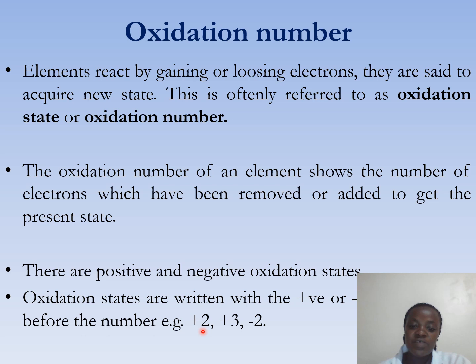So for example, for sulfate, the oxidation number will be -2. So not just 2, but it will have the negative sign. So for example, we have +2, +3, we can have -1. So that is oxidation number.